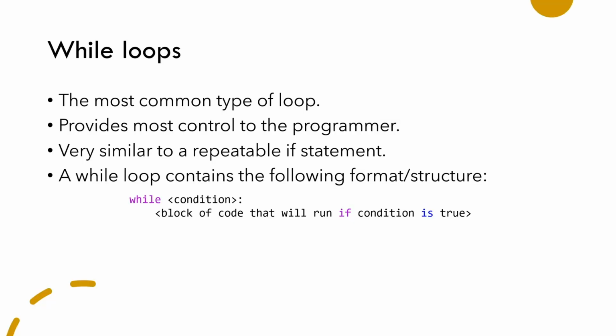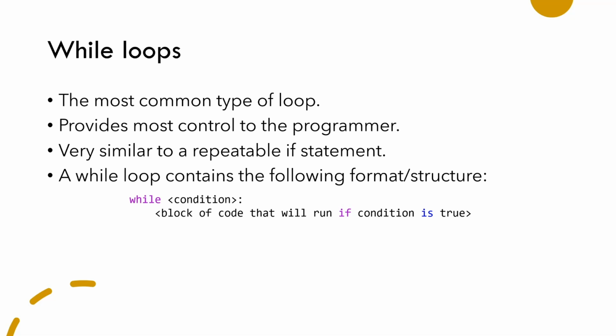Alright, so first up, we're going to talk about while loops. This is probably one of the most common types of loops across all programming languages. In Python, it provides the most control to the programmer directly. We'll learn about for loops in a second. For loops are a lot smarter, you could say, than while loops. With while loops, you have to be a lot more explicit versus for loops. Now, they are very, very similar to if statements. Down there, you have the format and structure of a while loop.